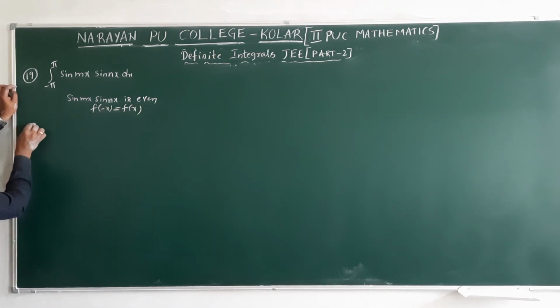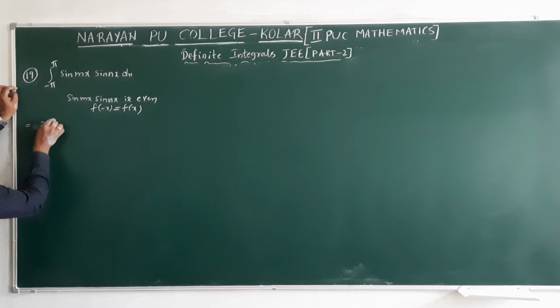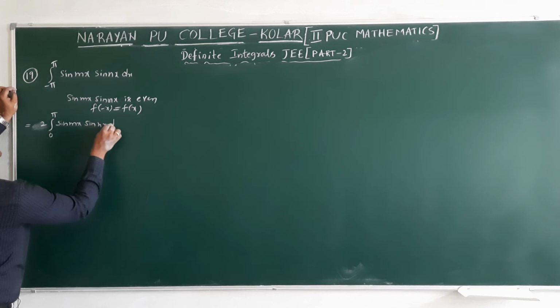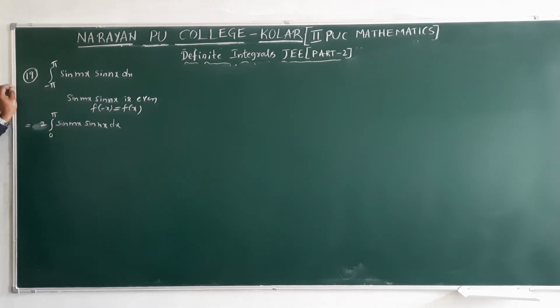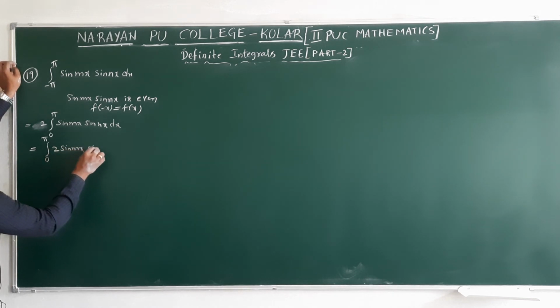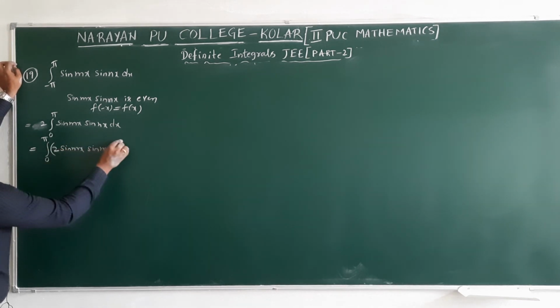When it is an even function, we can write 2 times the integral from 0 to pi of sin mx into sin nx dx. Here the 2 we take inside: 2 into sin mx into sin nx dx.